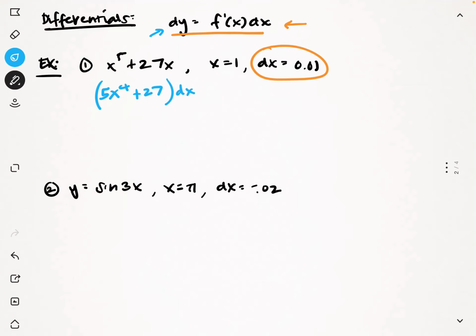So we're going to plug in our 1, because x is 1, and multiply it. Our dx they're giving us is 0.01. So 5 times 1 to the 4th is 5, plus 27 is 32, times 0.01 is going to be 0.32.